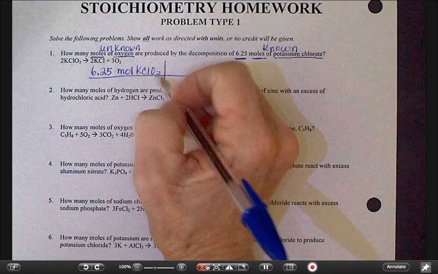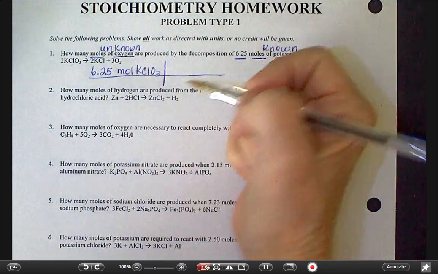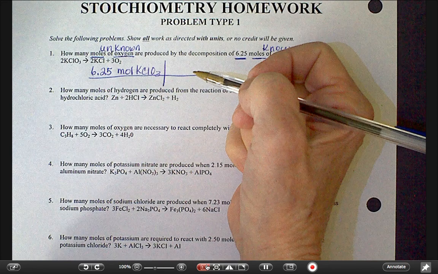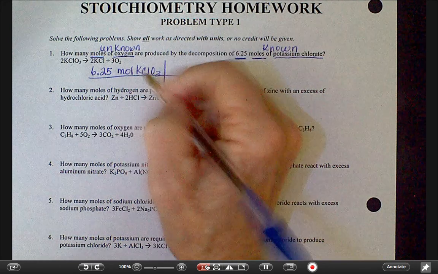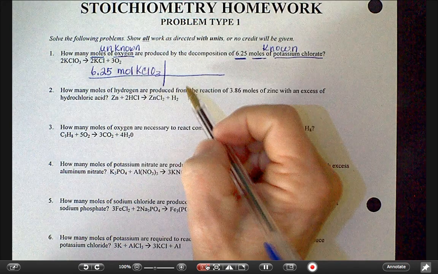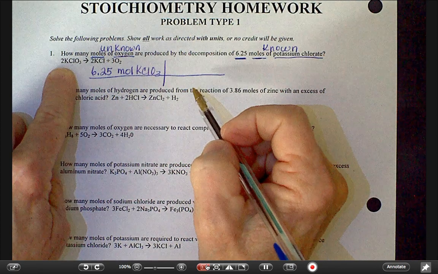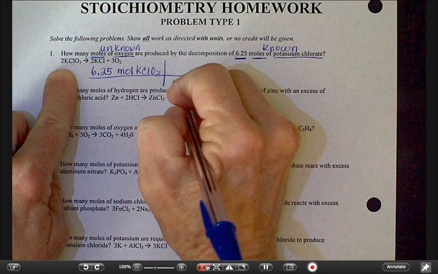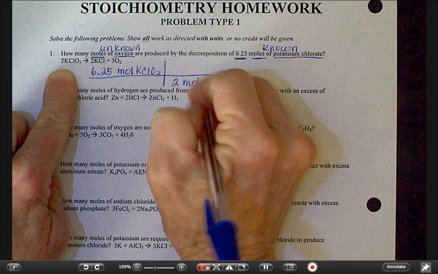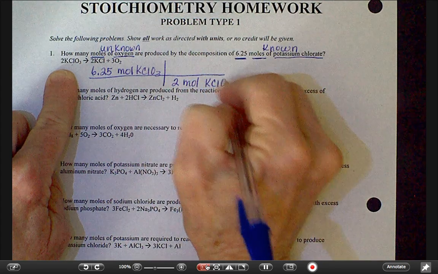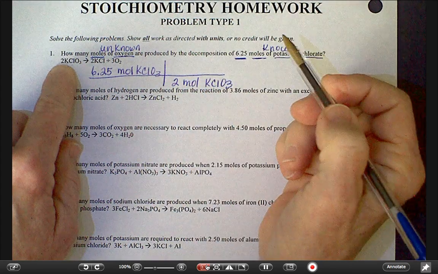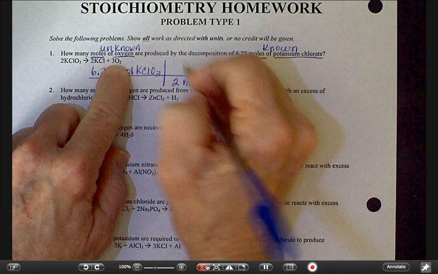Are these the questions already balanced? All of them? Yes. They're all given to you and already balanced. So, I go look what number's in front of KClO3. 2. So 2 mole KClO3, and I go to my oxygen, and what's in front of it? 3.